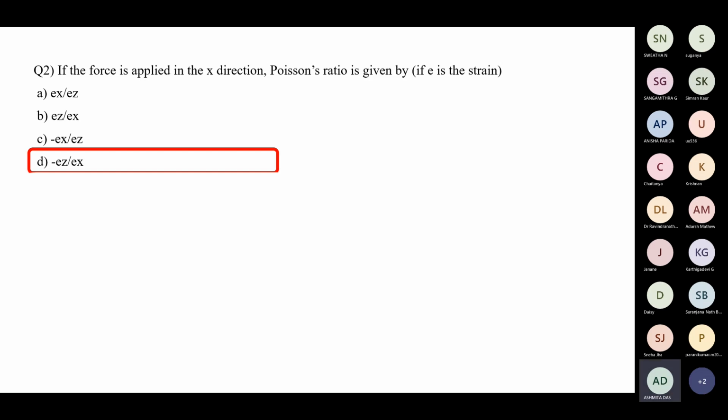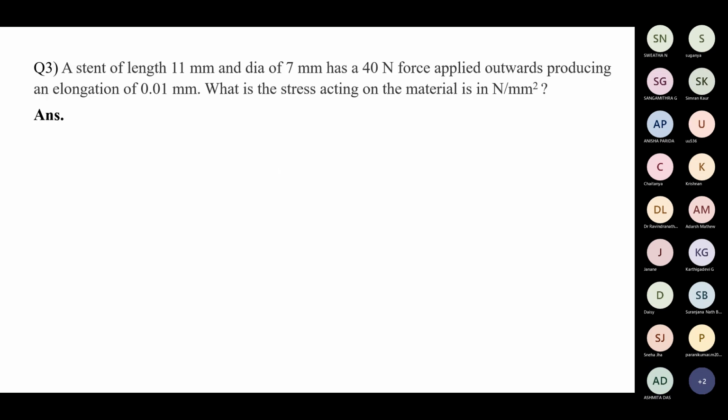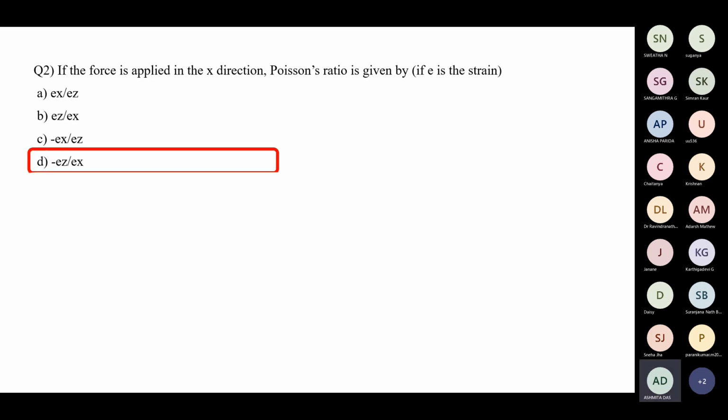So the axial stress is sigma x, that is Fx by A, and the axial strain will be sigma x by E. The transverse strain will be negative. So the Poisson's ratio will be minus Ez by Ex. Now moving to the next question.